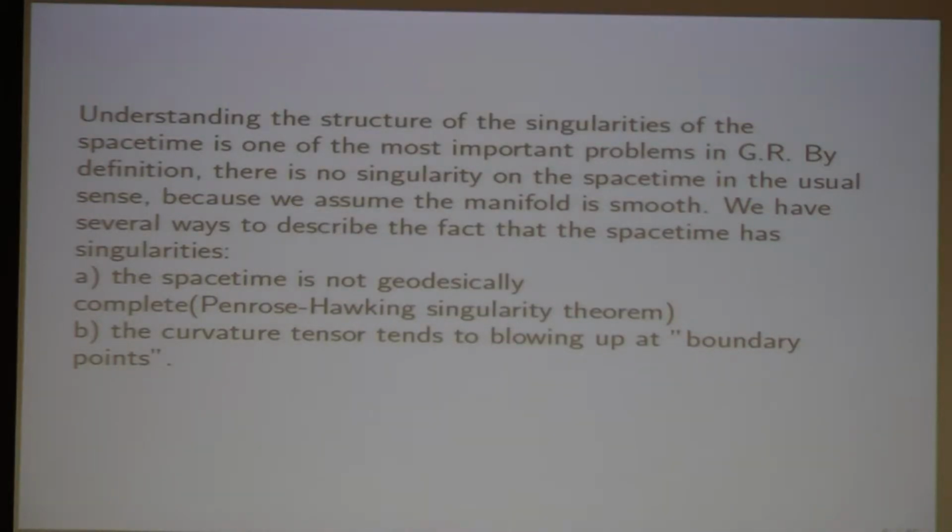One way is that the space-time is not geodesically complete. Whatever way you extend the space-time, if it is not complete, then you may say the space-time has some singularities. The second way is that the curvature tends to blow up at a boundary point. This is what we have in mind as a singularity, right?